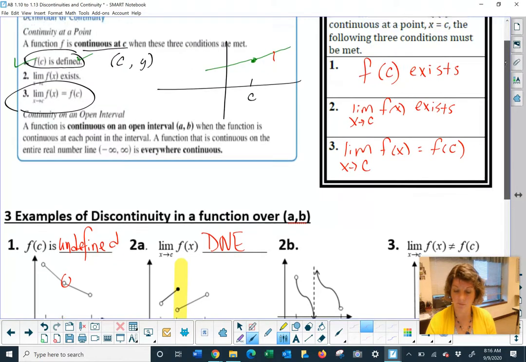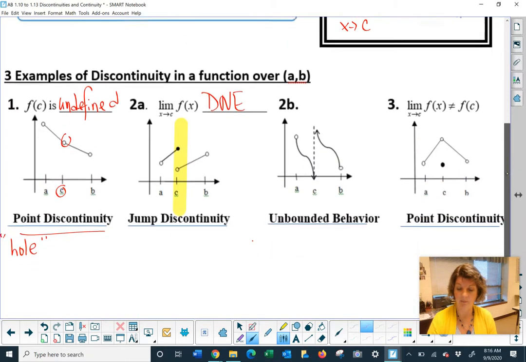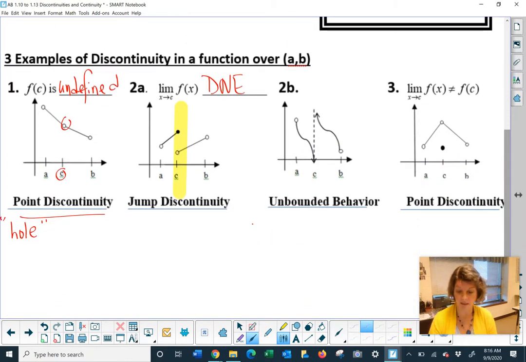So far we've seen reasons for discontinuity. One, the point didn't exist, and now here we had the limit didn't exist. 2b is unbounded behavior, and if I looked at the limit as I approach c, this also would have a DNE for an answer on the limit.